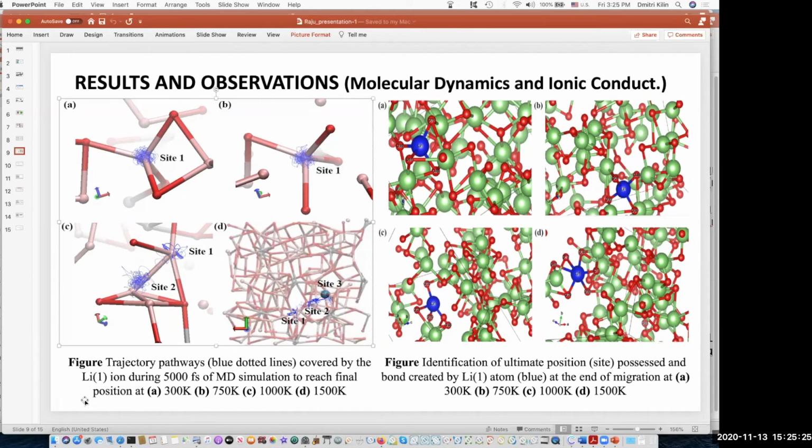So we further increase the temperature and we see that at 1000 Kelvin it makes a movement from site 1 to site 2, and with further increase at 1500 it makes a further movement from site 2 to site 3. Yes, the material is charge neutral.